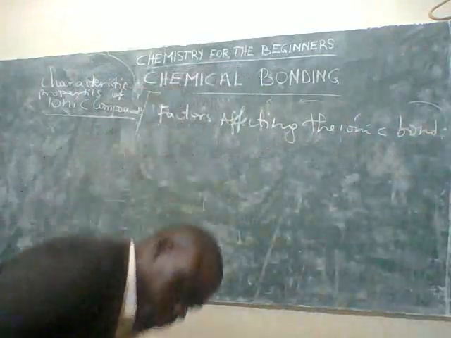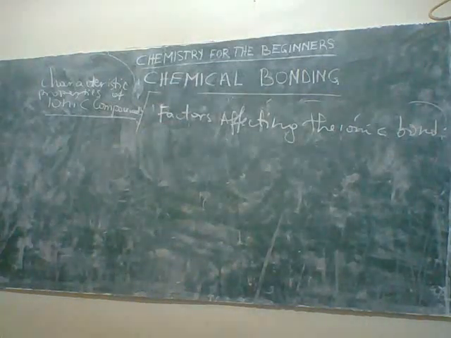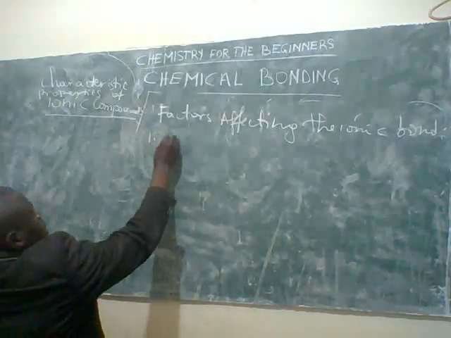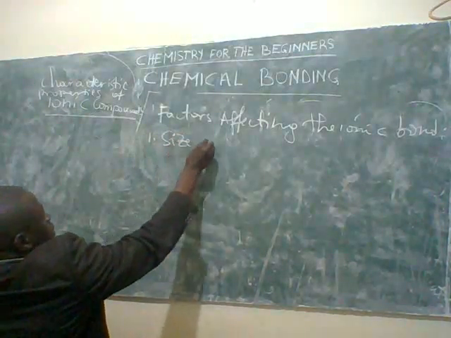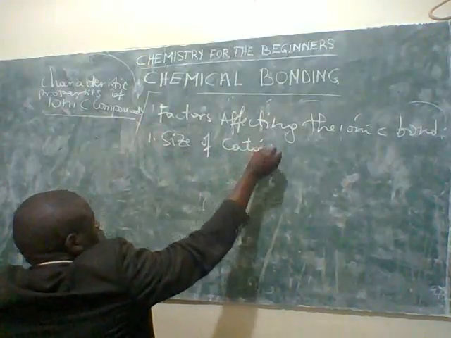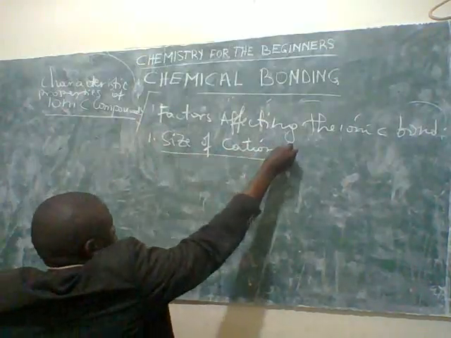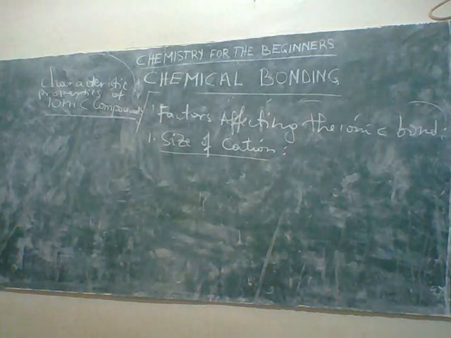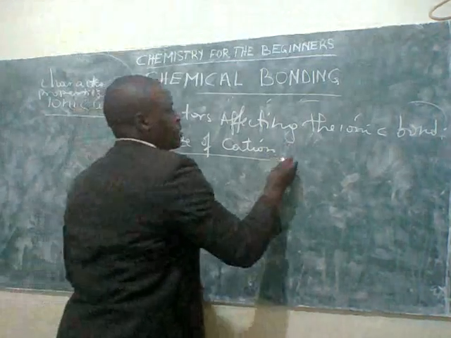Ionic bond. So number one, we can say the size of cation. Size of cation. You remember what we call cation. If we say the size of cation and anion, let us add an anion.